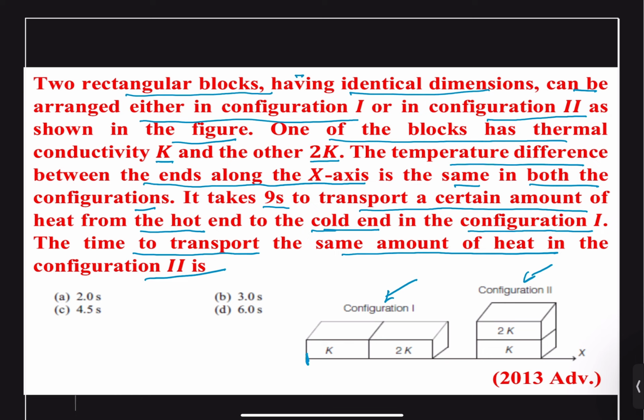It means the temperature difference between this and this, as well as these two, will be the same along the x-axis. And it takes 9 seconds to transport a certain amount of heat from the hot end to the cold end in configuration 1. So the total time taken to transport the heat from one end, let us suppose this is hot and this is cold, is 9 seconds.